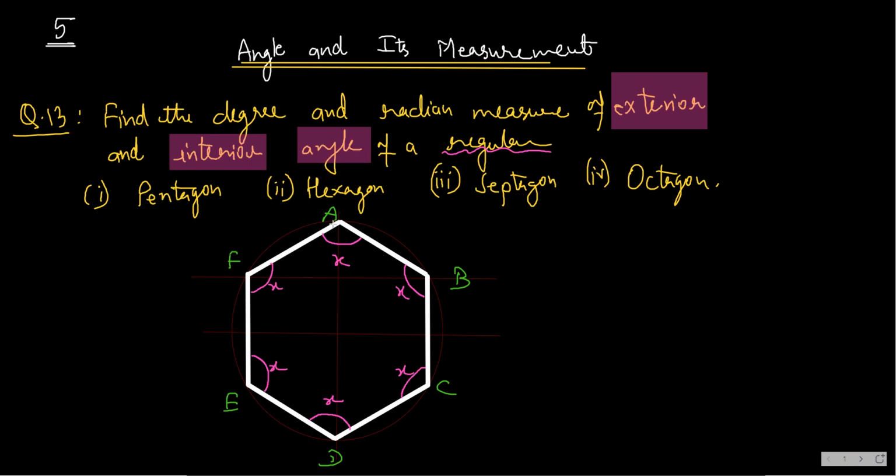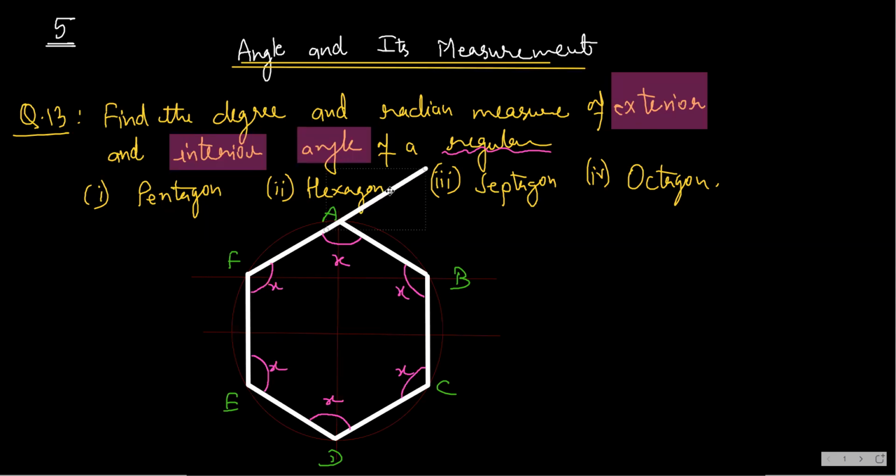Now, what are exterior angles? That we will follow in order. See here, if I extend this way, I get one exterior angle. You can check, this is one exterior angle. I will use the white color only so that it has uniformity.